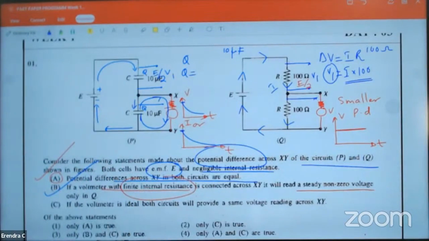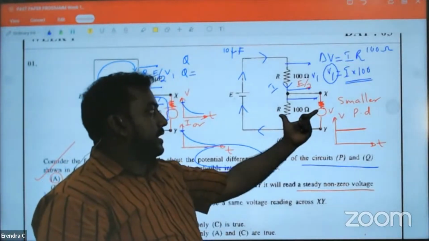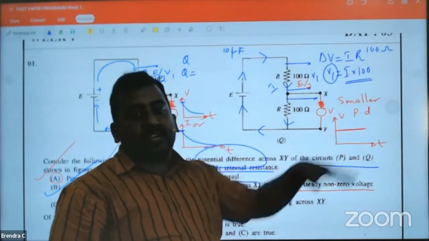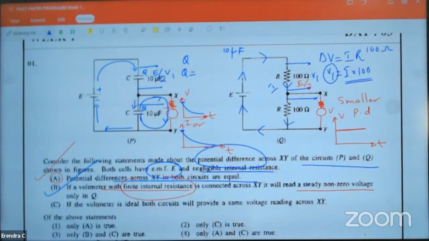When there is a resistor connected in parallel, we obtain a constant voltage.